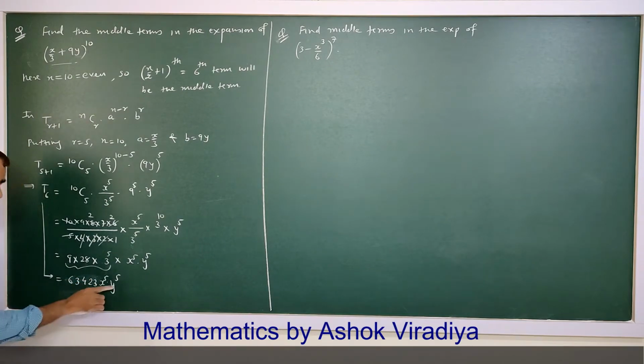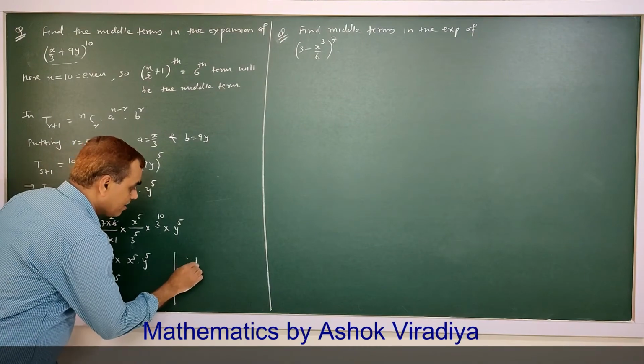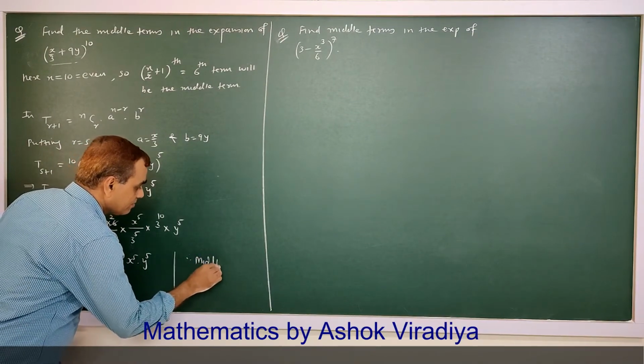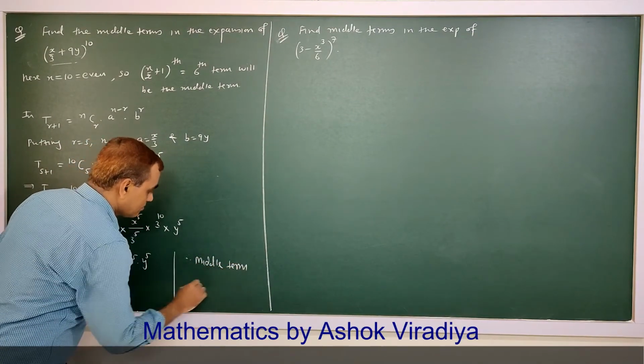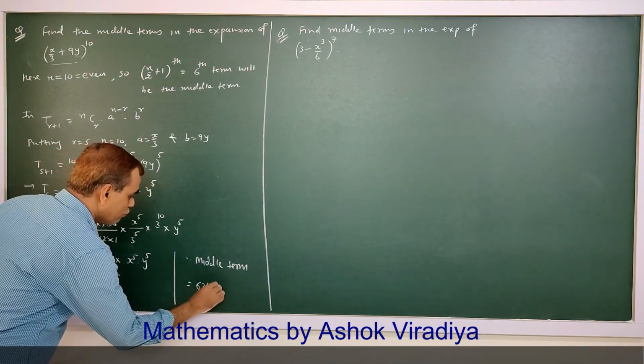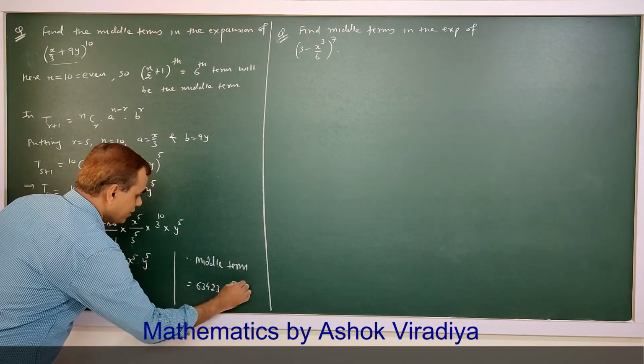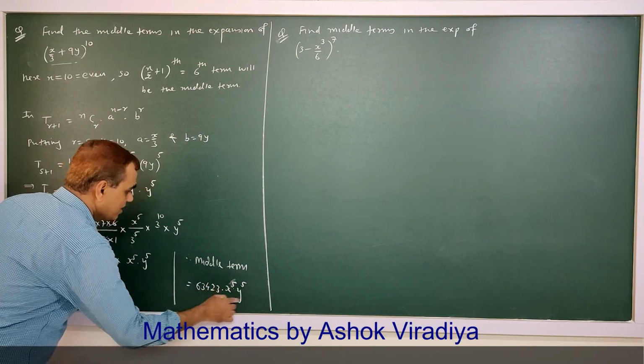So this is a constant, it is the middle term. Therefore the middle term is 63423 into x raised to 5 into y raised to 5. So it is the required middle term.